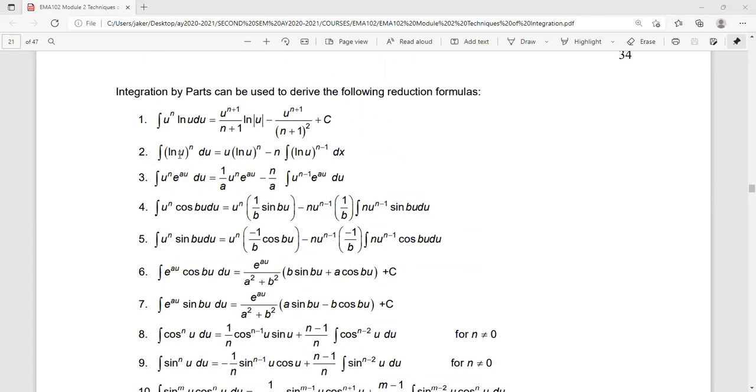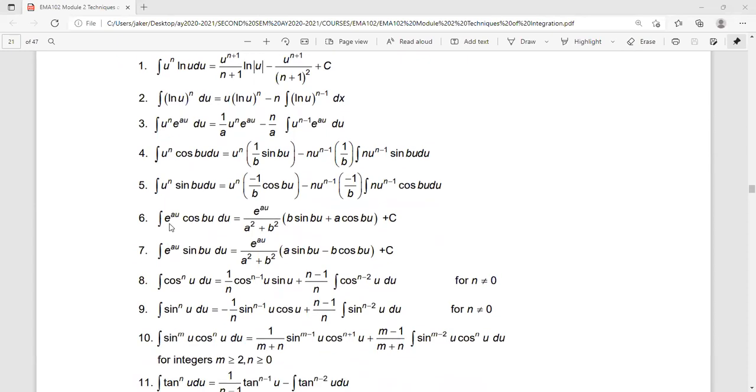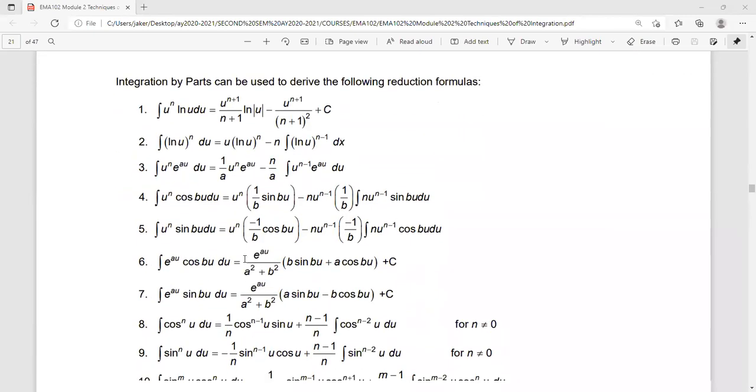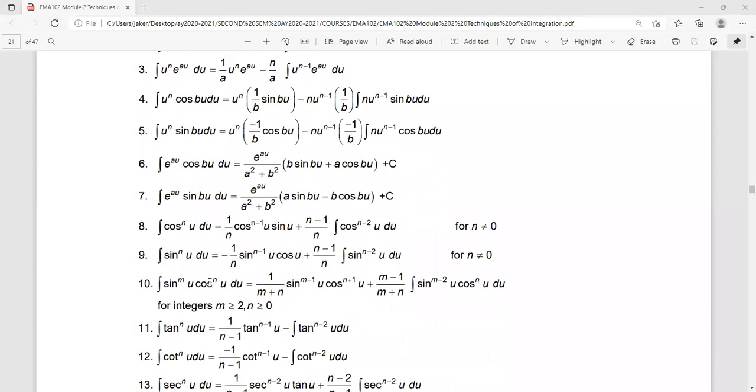You need not do by parts several times just because your ln of u has an exponent other than 1. Now, the exponential function with the cosine, and the exponential function with the sine, are examples too, and you have a ready-made formula for that. We call these the reduction formulas, so you need not derive them, just use them directly.